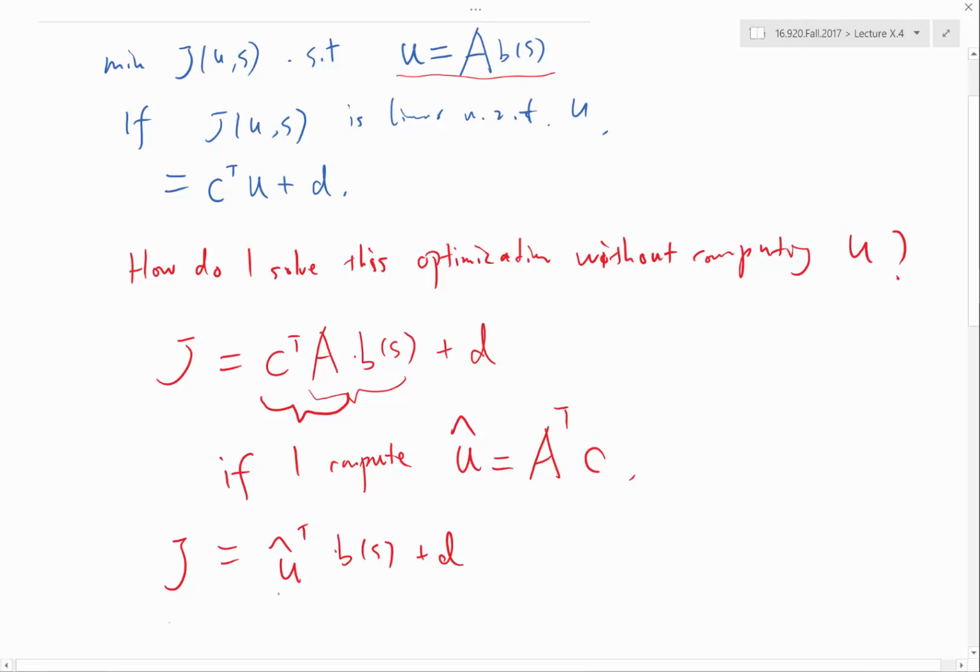Now, as long as I have this u hat, I can evaluate this objective function again and again by just changing b without ever doing this matrix vector product again. Right? So yeah, this seems to be a simple trick for a very special case.